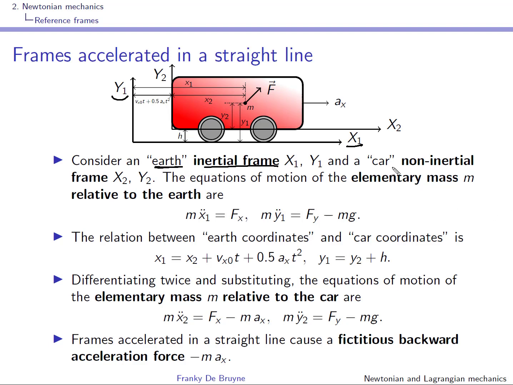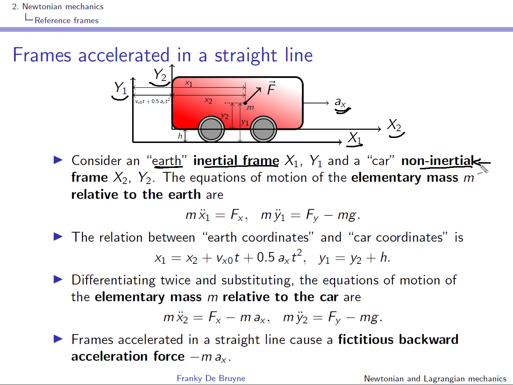Then you have a second frame which is non-inertial. It's linked to the car that you're seeing here, x2, y2. Since the car is accelerating and the frame is linked to the car, of course the frame becomes non-inertial.